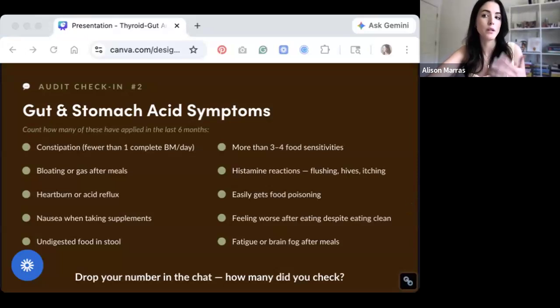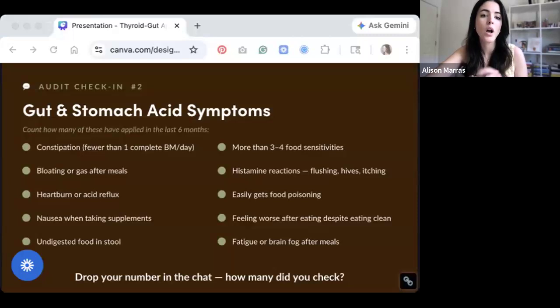So if you are someone that has done some gut testing before and you know that, there we go. Feeling worse after eating despite eating clean. So this, you might feel really exhausted or just really bloated, like, that was a beautiful meal, why didn't it make me feel good, or energized? Fatigue or brain fog after meals is another big thing.